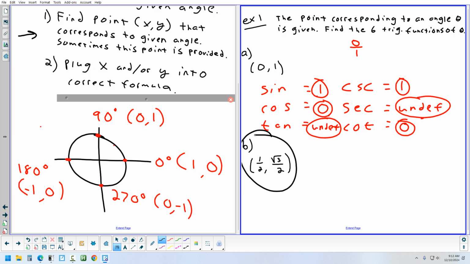What's different about it? They're both fractions. Yeah, we didn't have any fractions in these other coordinates. And what else is in those coordinates that we didn't have? Yeah, we have a square root in there. Okay. So that is not the coordinate for 0, 90, 180, or 270. It is the coordinate for some other angle. Do we need to know what that angle is right now? No. Will you later? Yes. But for now, all we need to know is this coordinate represents an angle. We have the coordinate. We just have to fill it into the formula.